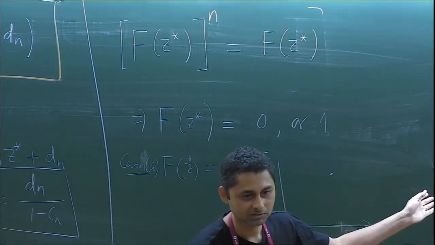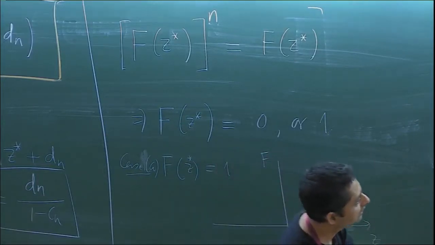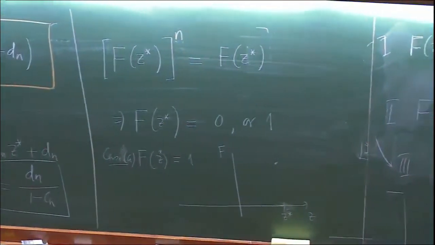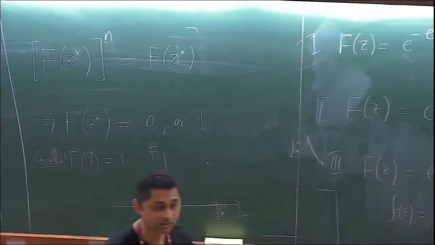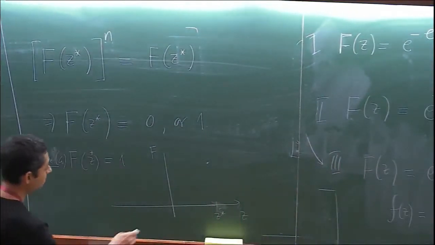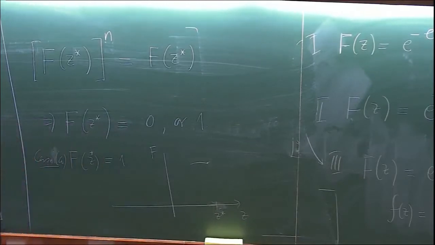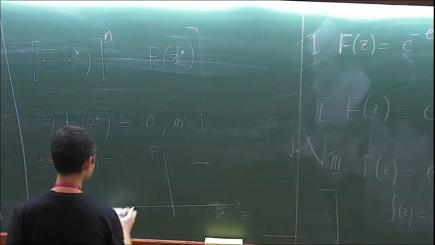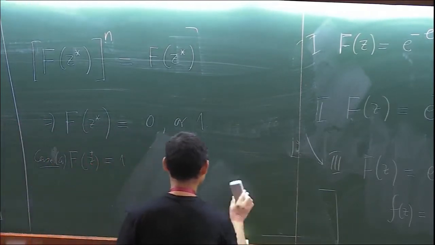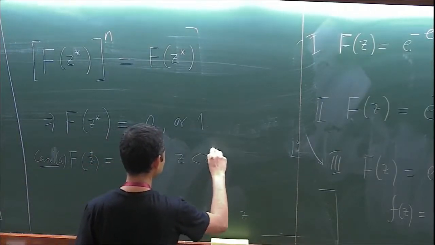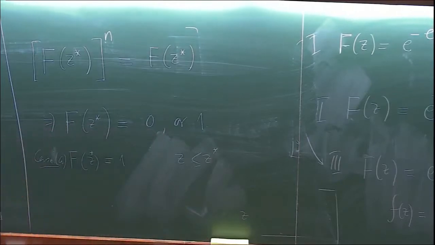So that's like this case, no? It's 1 afterwards, so probability is 0. So the range of f, therefore, is below z star. So in this case, the range of z is less than or equal to z star.